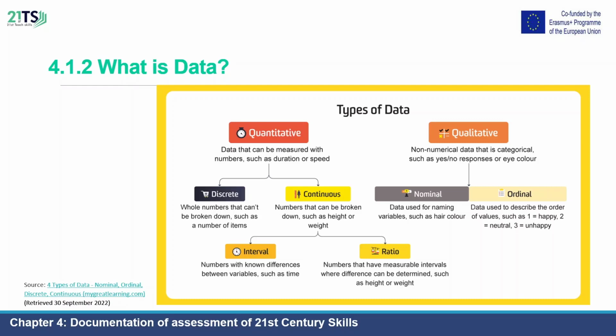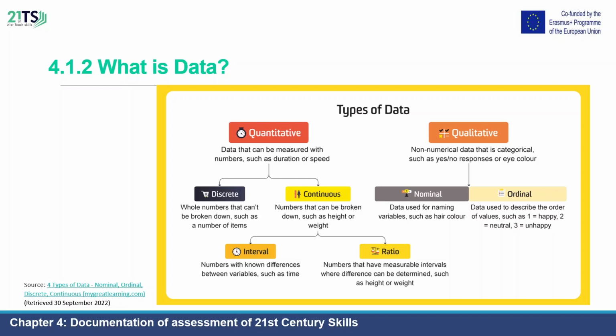Discrete data can be numbers that can't be broken down, such as a number of items, so we cannot separate this kind of item further. And continuous data is numbers that can be broken down, such as height or weight, which we can make smaller into another category, known as interval data and ratio data.